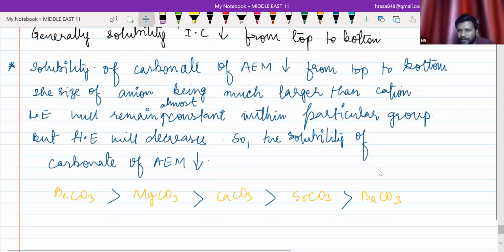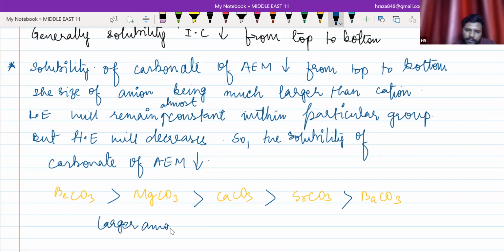in larger anions, I'm going to give you a list of larger anions.